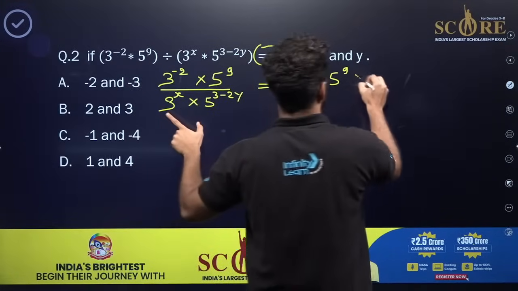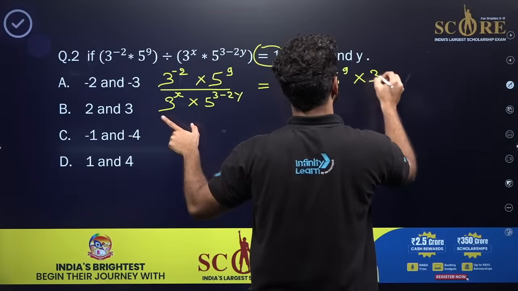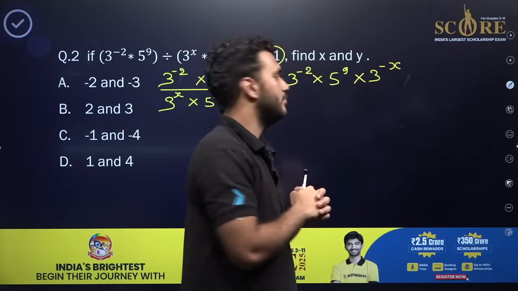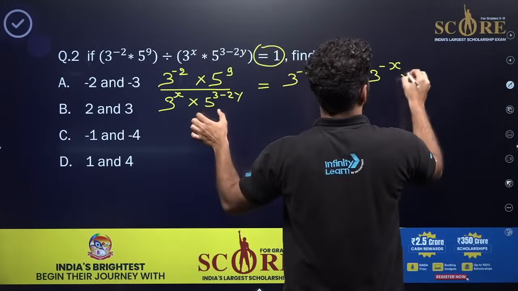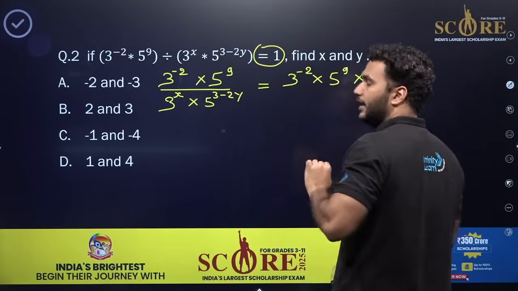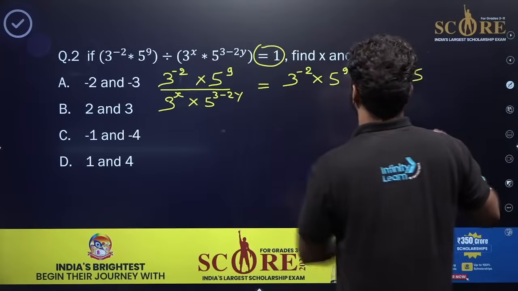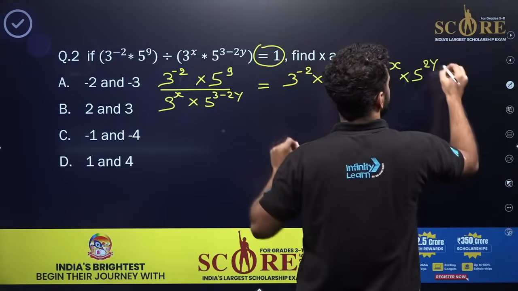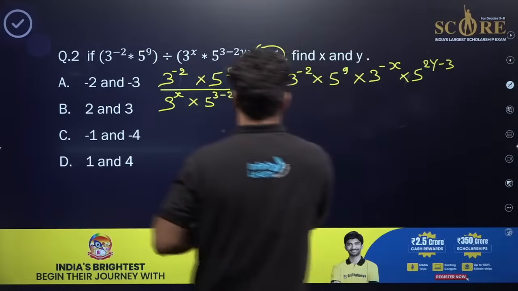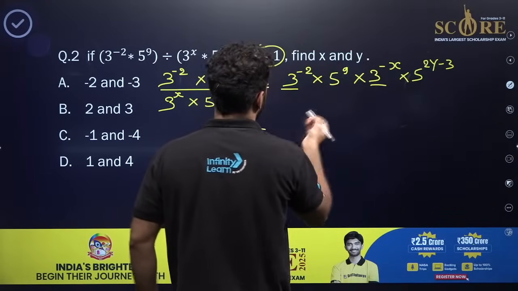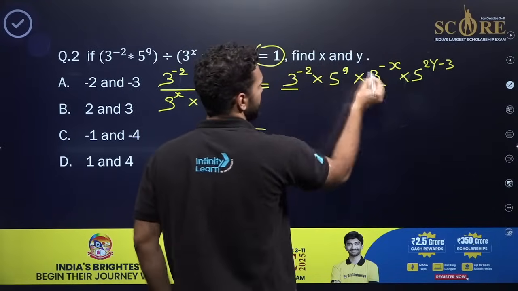Now this 3 to the power x, I am writing in the numerator, so the sign of the power will be changed. Now this part, 5 to the power, here I had 3 minus 2y. Now what do I have to do? Sir, change the sign. Minus 2y becomes plus 2y, plus 3 becomes minus 3. Now see, they have the same base.